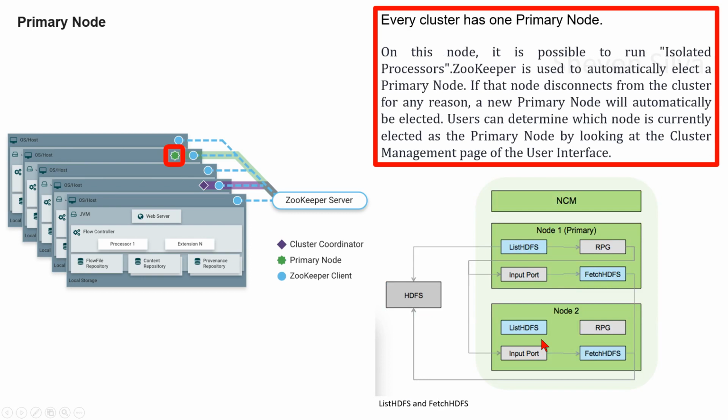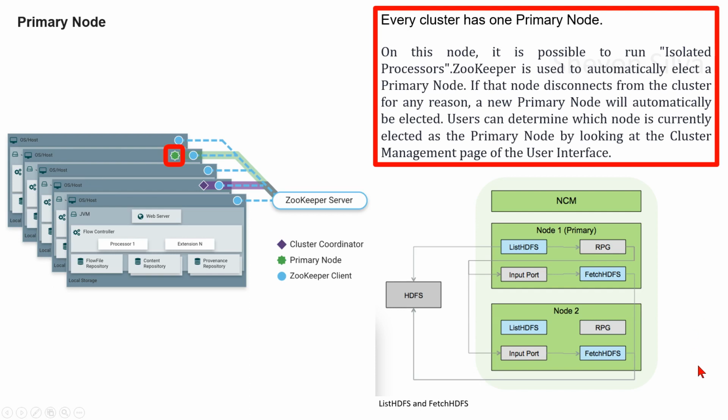Here we consider List HDFS and Fetch. Here we are considering pulling. A different pulling scenario involves performing a listing operation on the primary node and distributing the result across the cluster via site to site to pull the data in parallel.